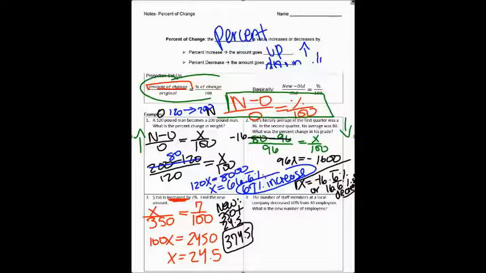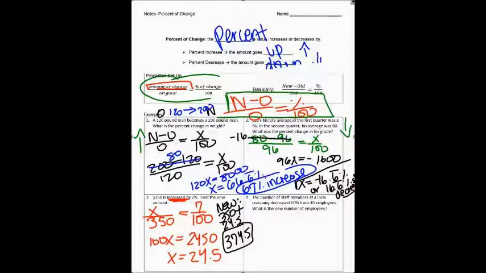So again, we solve for the n minus o, the amount of change. We find that, and then because we're increasing, we're going to add that to the original. I'm going to show you that same way to do that for number 4, but then I'm going to also show you one other option to use for 3 and 4.